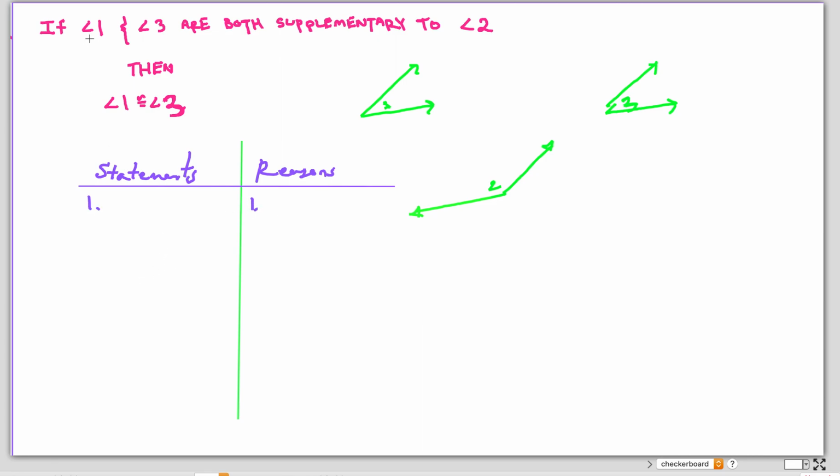Okay, so basically what you say is angle 1 and angle 2 are supplementary. That's in the given.